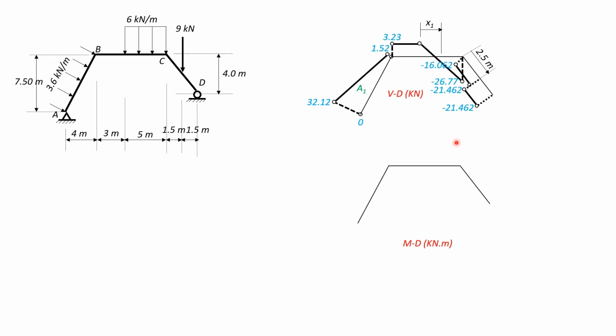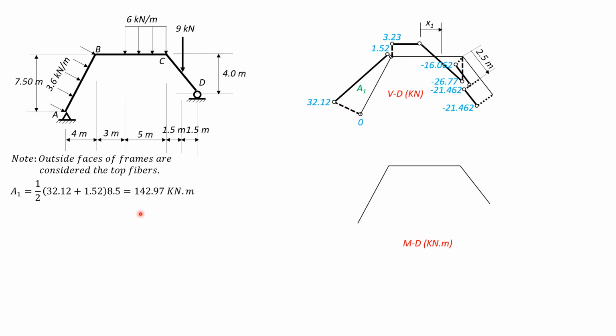Then this is 2.5, half of 5. So note, outside faces of frame are the top fibers. So area 1 is 1/2 of quantity 32.12 plus 1.52 times 8.5, 142.97 kilonewton meters. So remember the moment at B, 142.97.